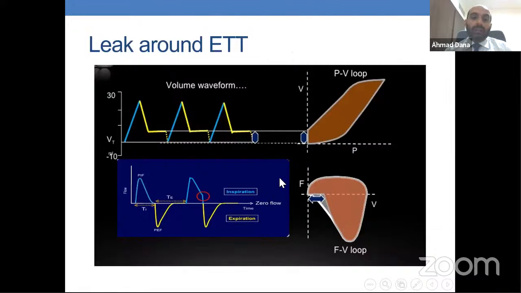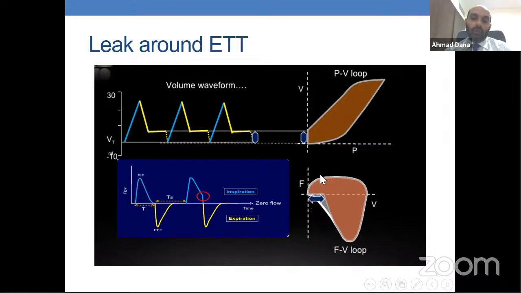Again, where can you see the leak? You can see it in the pressure volume loop. As we said, the pressure should start from the peak, go up and come down. If it didn't reach down, this means that there is a leak here. The same thing you can see in the flow volume loop.